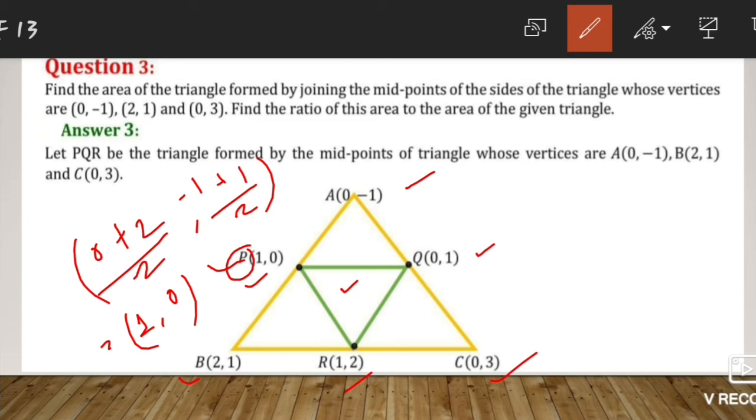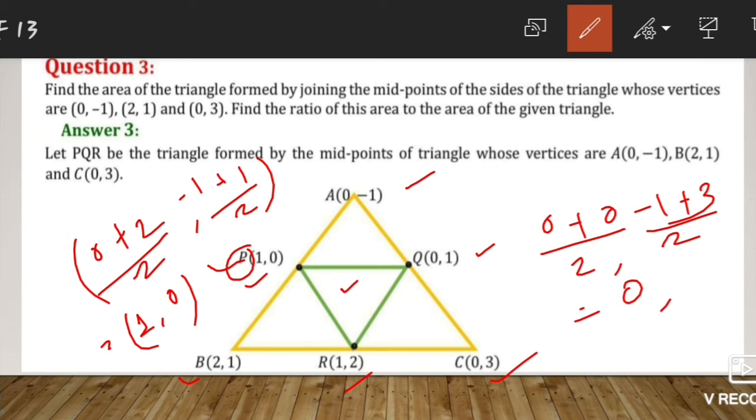Similarly for point Q, it will be (0 plus 0) by 2 comma (minus 1 plus 3) by 2, that is 0 comma 1. So Q is 0 comma 1. And for point R, it will be (2 plus 0) by 2 comma (1 plus 3) by 2.